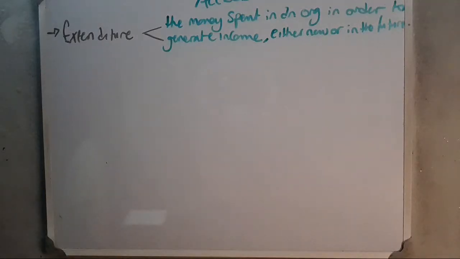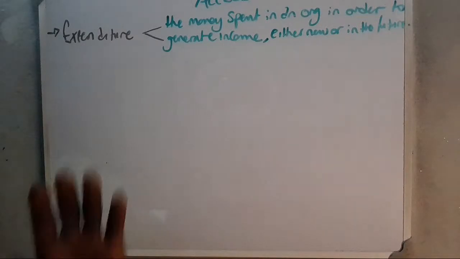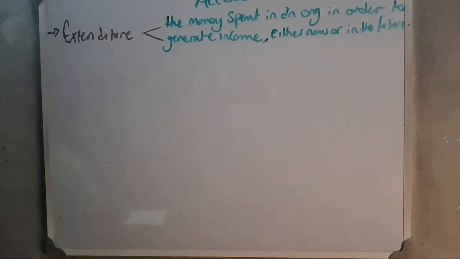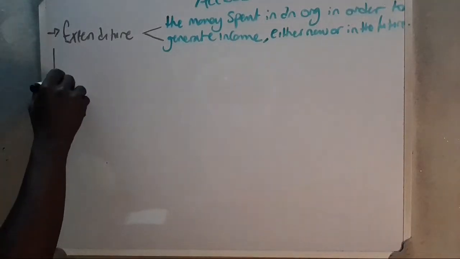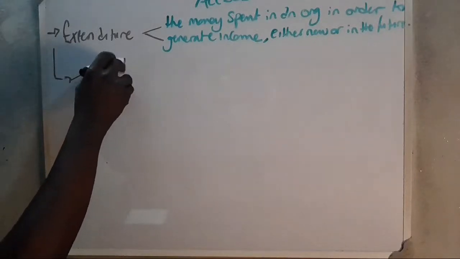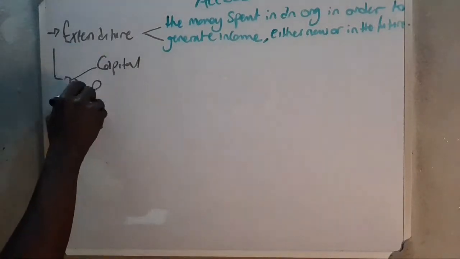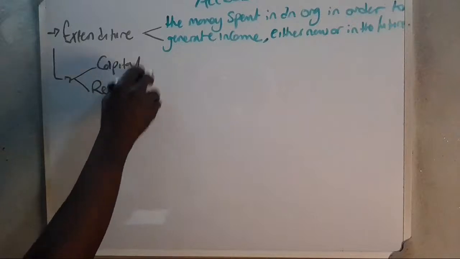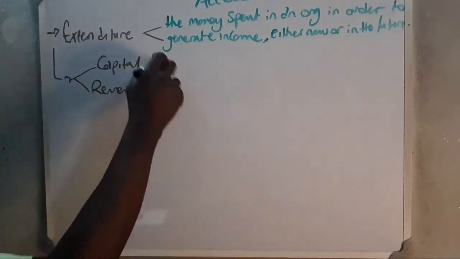Expenditures can be classified into 2, namely capital expenditure and revenue expenditure. When we say capital expenditure, what are we talking about?